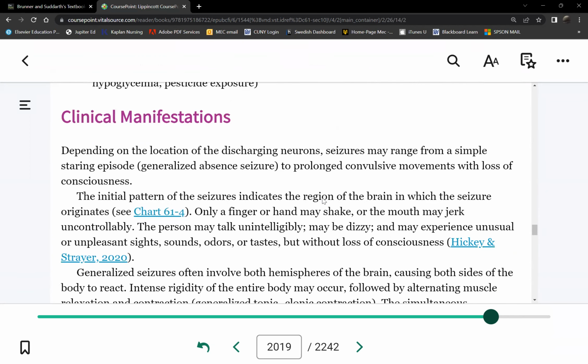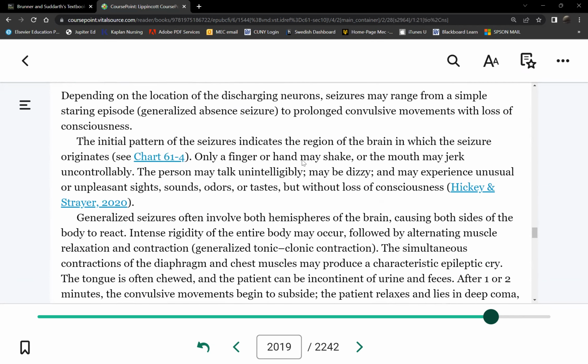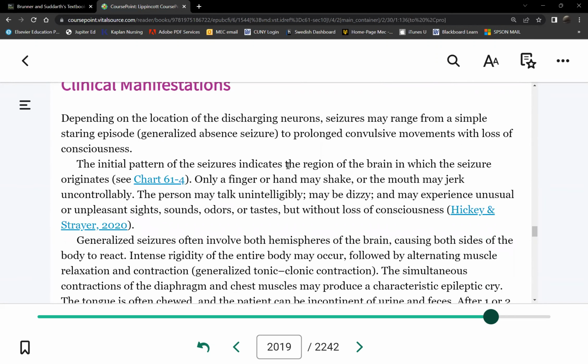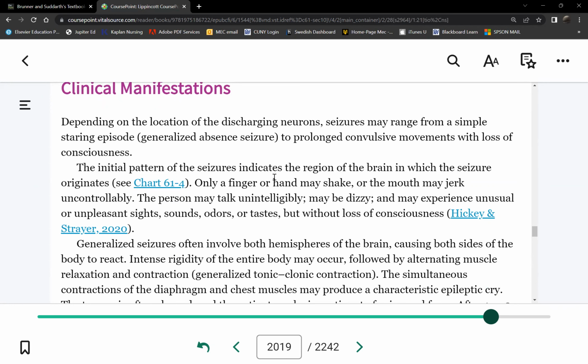Okay, manifestations, again, we will only look at the tonic-clonic seizure. So the patients will have unique ways to have a seizure. Some will have aura. Aura is like a pre-ictal phase. There are 3 phases of a seizure.